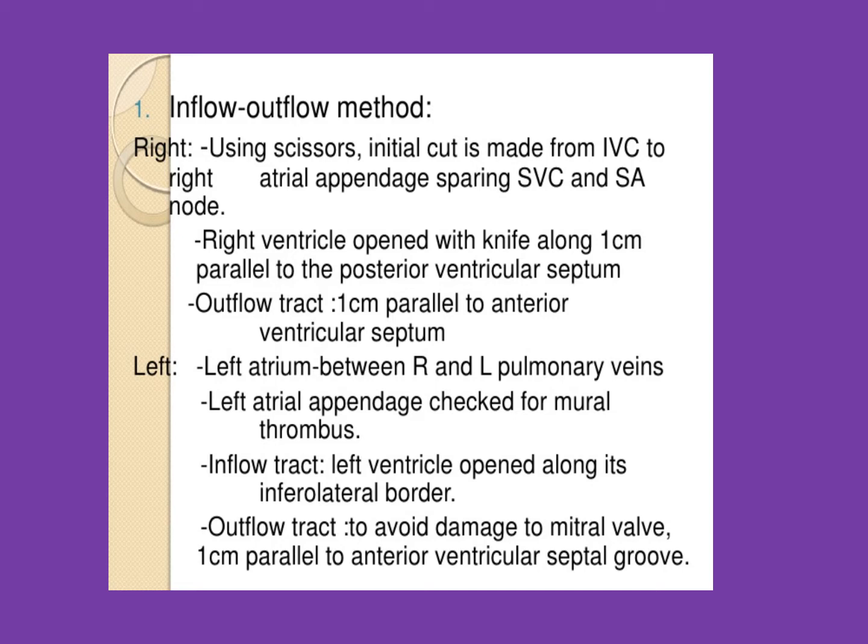On the left side, you start opening your left atrium between the right and the left pulmonary veins, cutting through it, and then the left atrial appendage is checked for mural thrombus. The inflow tract of the left ventricle is opened along its inferolateral border, while the outflow tract, to avoid damage to the mitral valve, you have to open 1 centimeter parallel to the anterior ventricular septal groove.